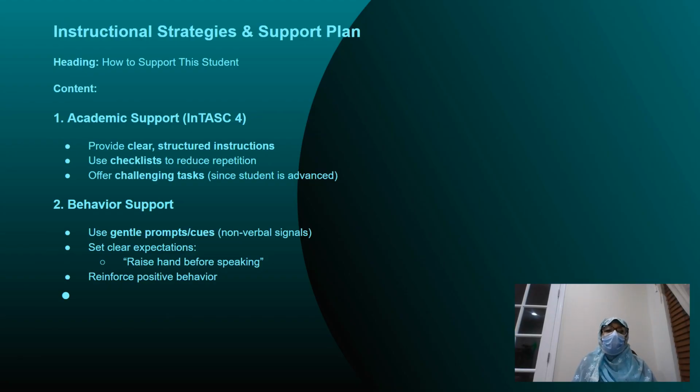Academic support, behavior support. In academic, provide clear structured instruction, use checklists to reduce repetition, and other challenging tasks since the student is advanced. And behavior support: use gentle prompts, cues, non-verbal signals, set clear expectations, raise hand before speaking, reinforce in a positive way.